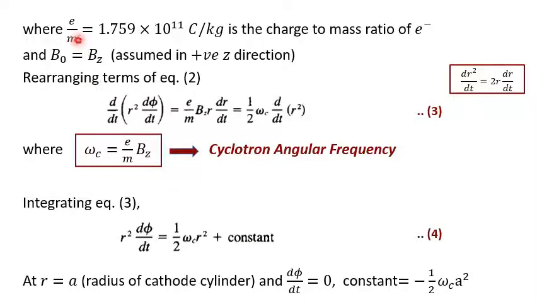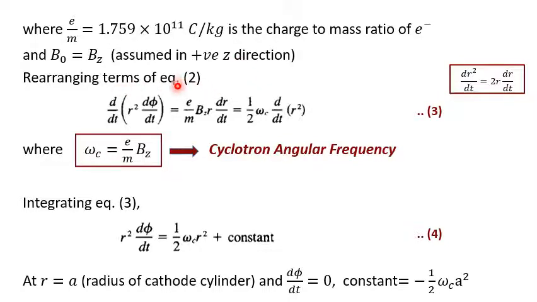Here e by m represents the charge to mass ratio of an electron, which is equal to 1.759 times 10 raised to 11 coulomb per kg, and the magnetic flux density B naught is equal to B_z, assuming it is in the positive z direction.